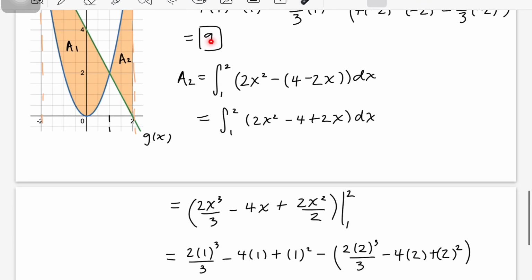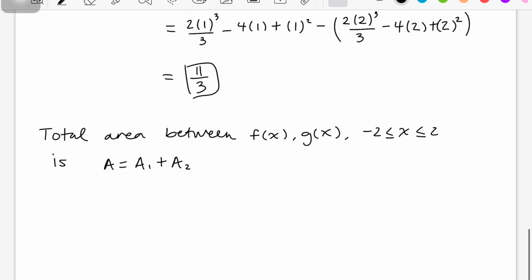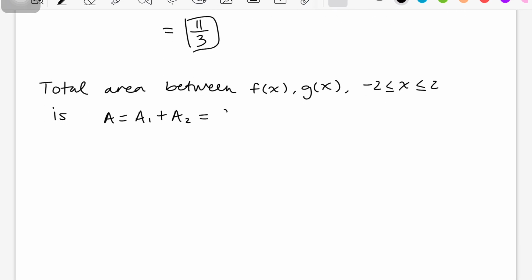So this will be 9 plus 11 over 3, and this will be roughly equal to 12.67. Alright, so that'll be it for this video.